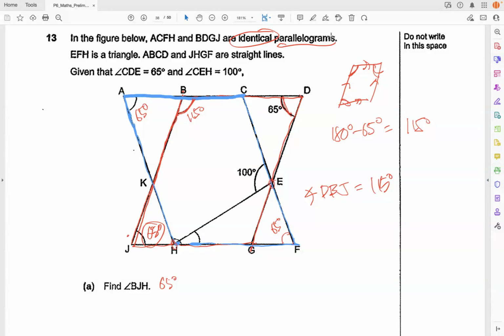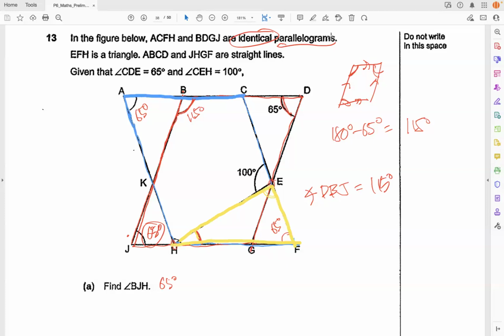EHF. Oh, this angle. So focus on the triangle here. Look at this triangle. So this angle is what we want, okay? So let's look at this angle on a straight line.